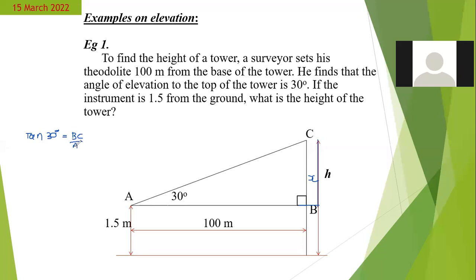Here you could just go ahead and put in the values for these. So we know that the tan of 30 degrees would be equal to X over 100.